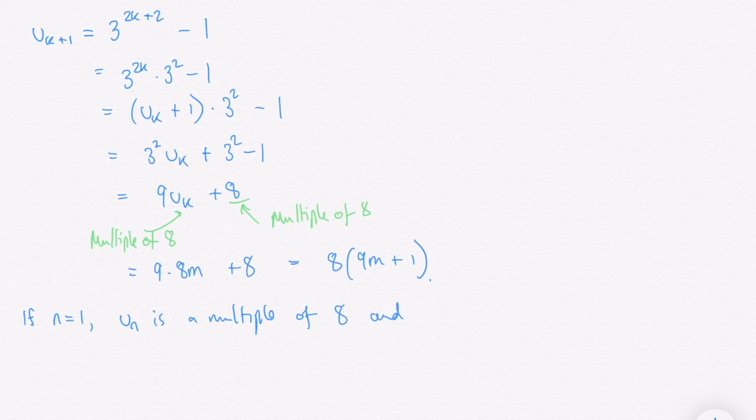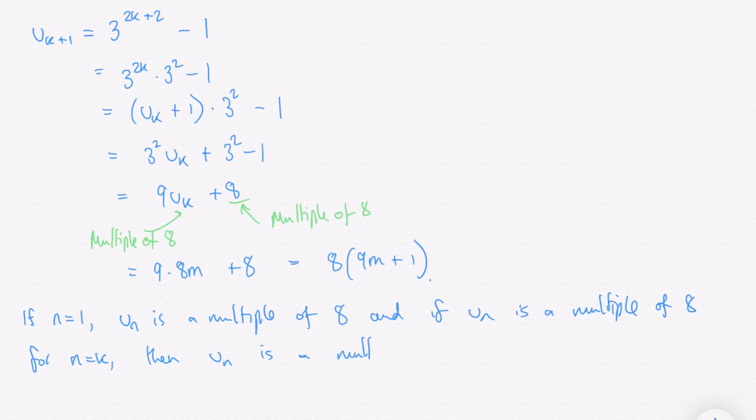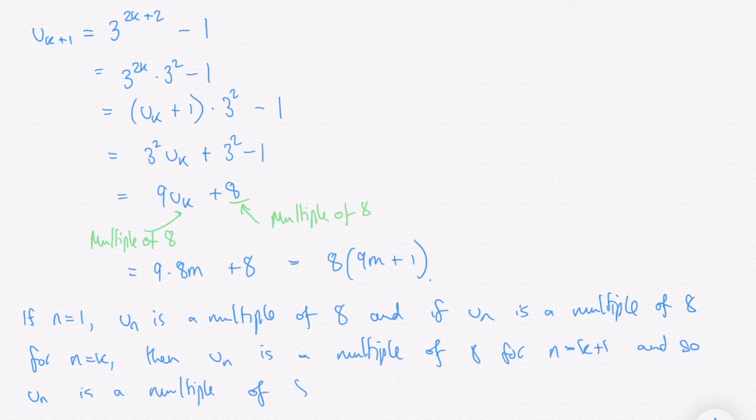And if un is a multiple of 8 for n equals k, then un is a multiple of 8 for n equals k plus 1, and so un is a multiple of 8 for all integers n greater or equal to 1.